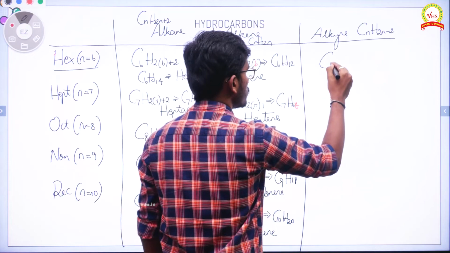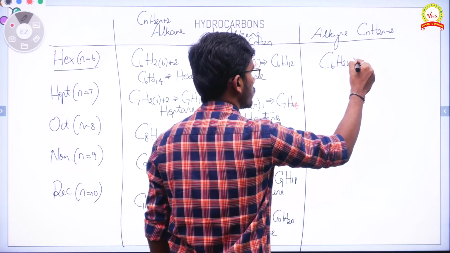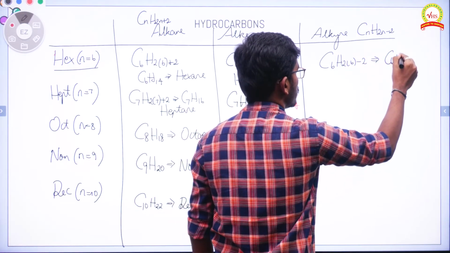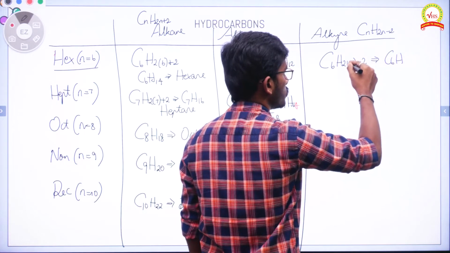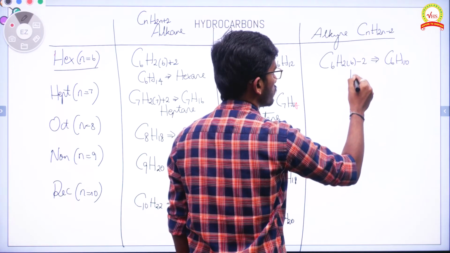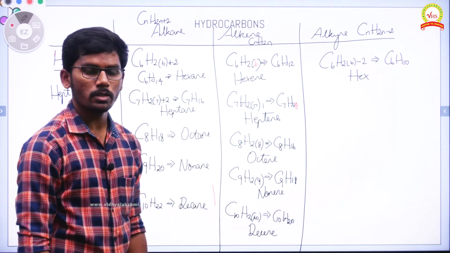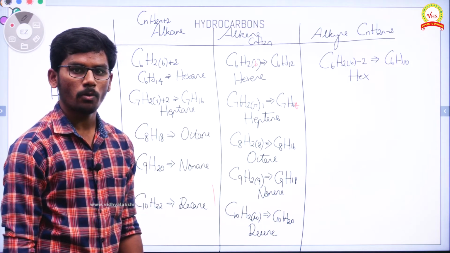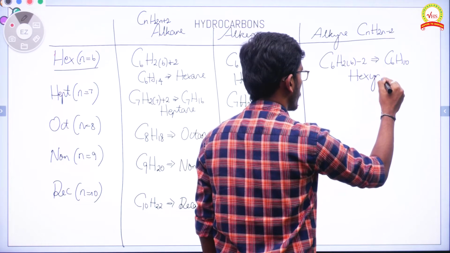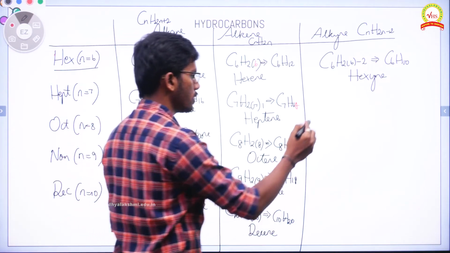Okay, so let us substitute: C6H2 into 6 minus 2, which implies C6H12 minus 2. 6 twos are 12, 12 minus 2 is 10, so C6H10, and the name of this compound is going to be hex, the prefix is hex, and for the alkyne series we know that the suffix is going to be yne, therefore together we call it hexyne.